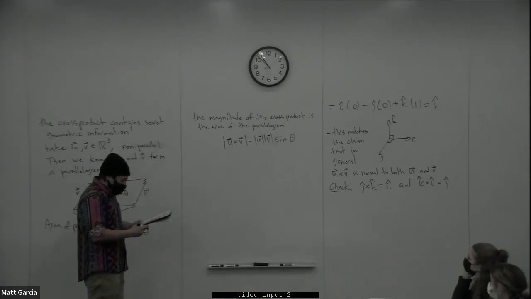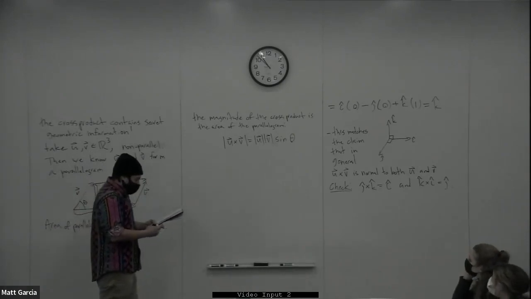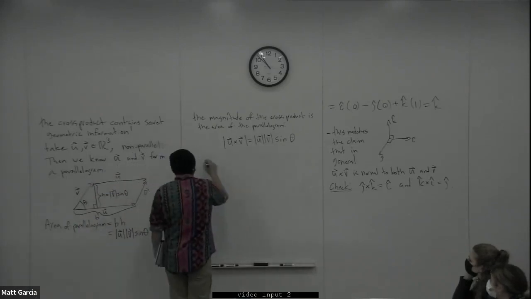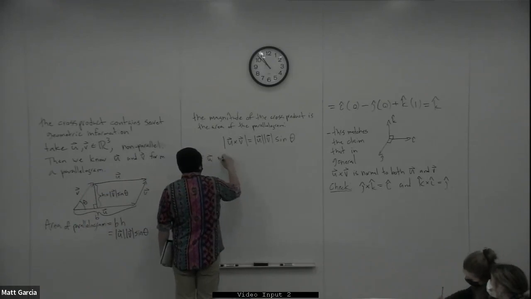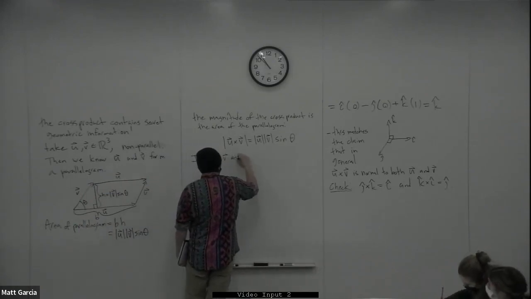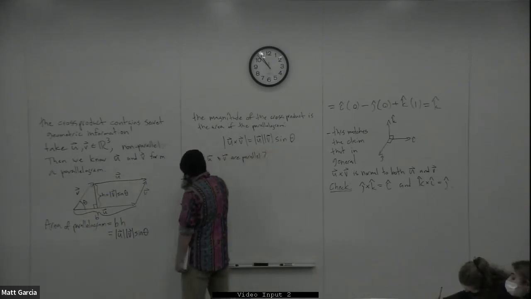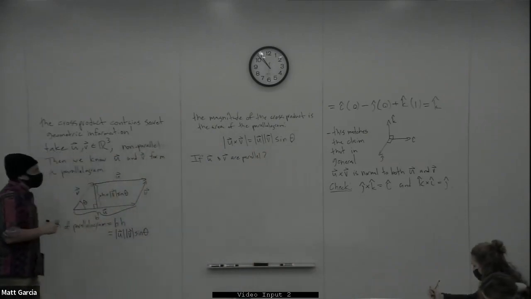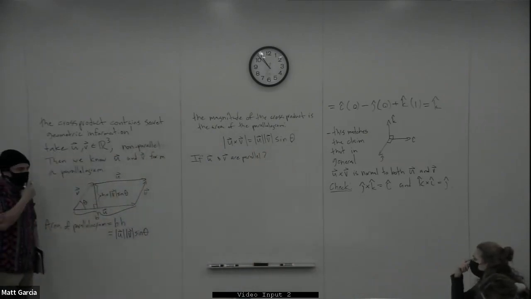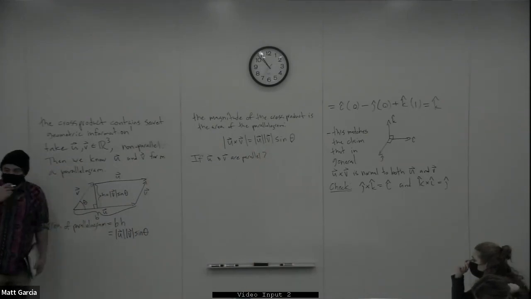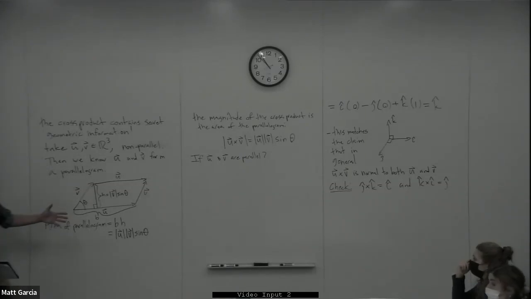Okay, so what happens now if u and v are parallel? Why did I insist that they were non-parallel here? Yeah, they don't form a parallelogram. So the area of the parallelogram is 0, right?